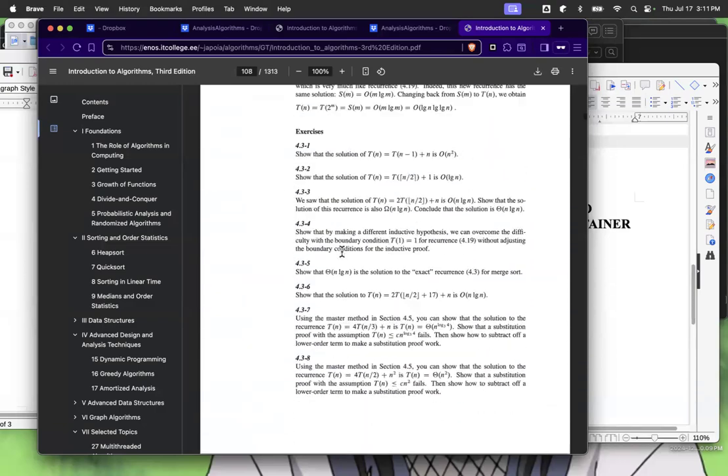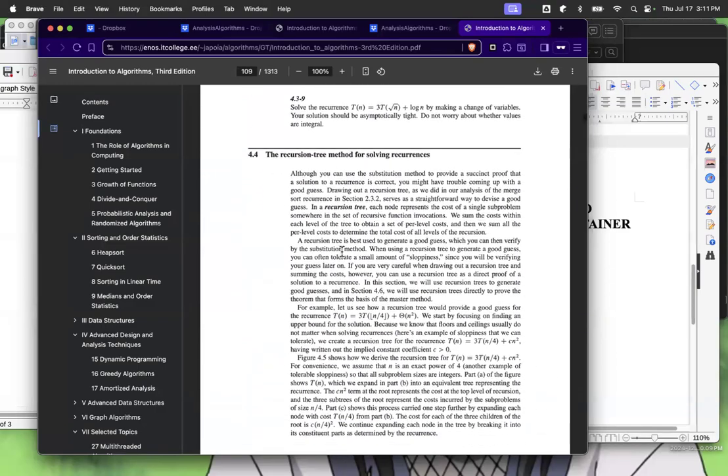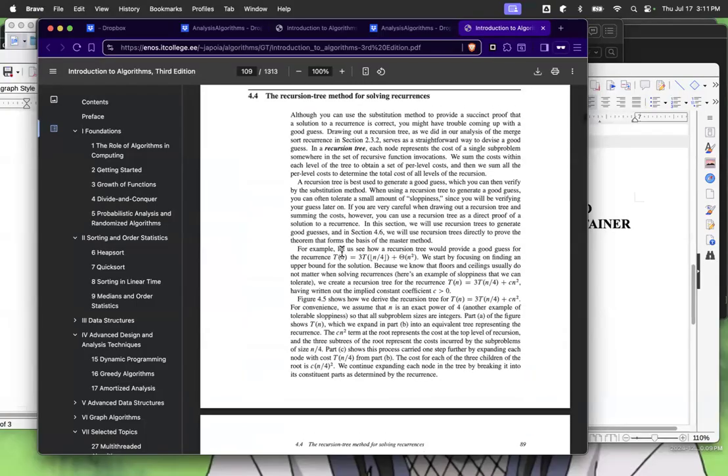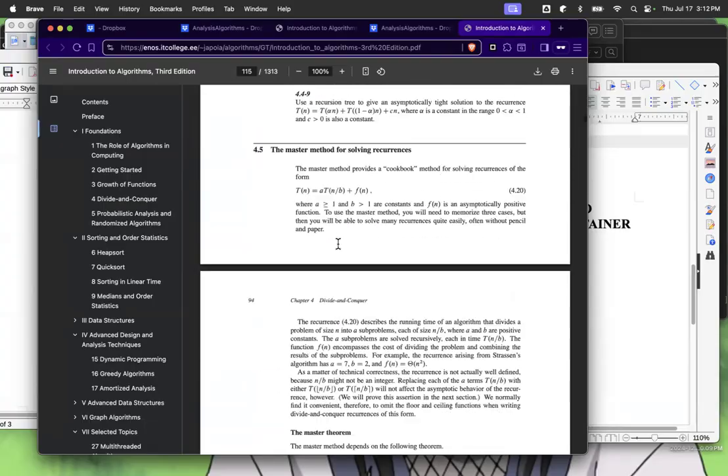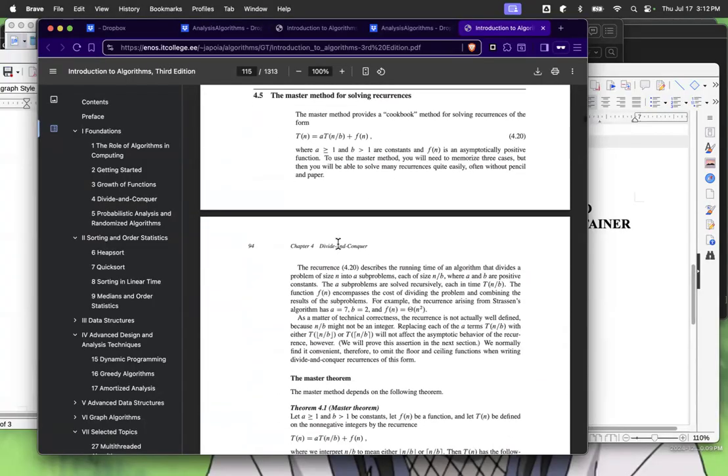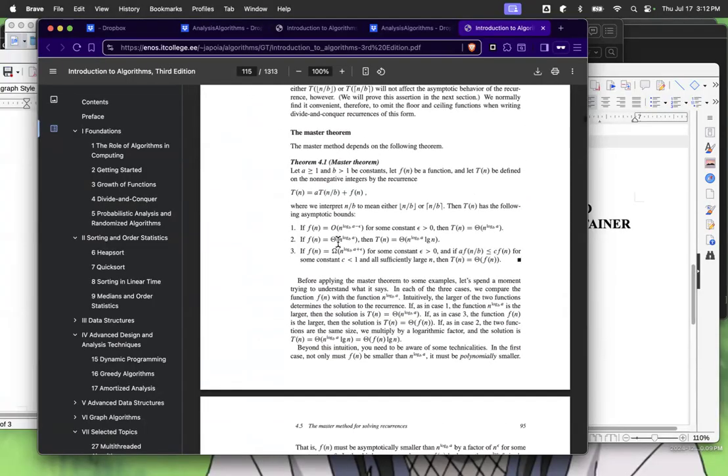But going beyond the substitution method, the master theorem helps us with the recurrence relation because it says the following.